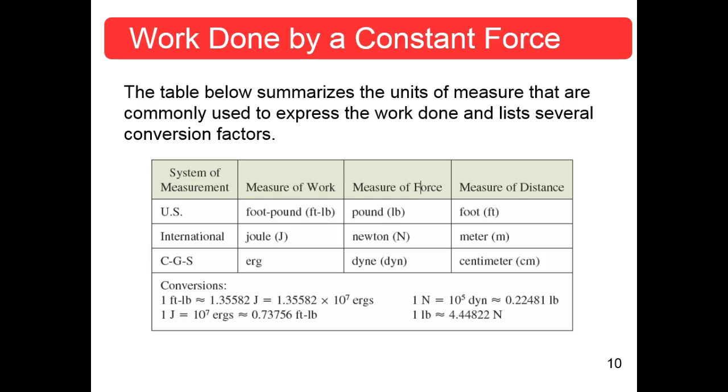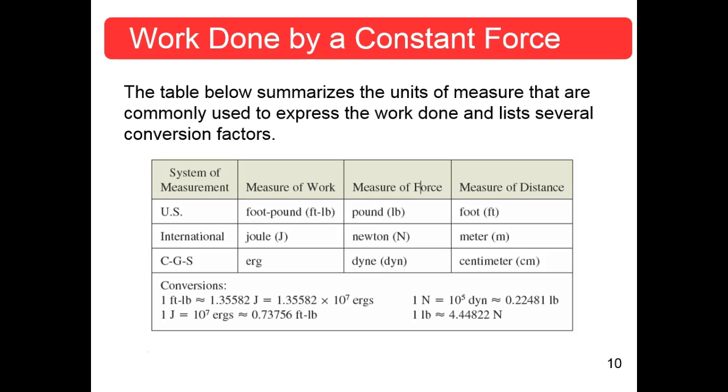The table summarizes these units of measure commonly used to express work done, with several conversion factors. U.S. customary, which we used to call the British system, but technically the British don't use it anymore. Officially they're SI, but if you go to Britain, they do things a lot in miles and everything else, just like we do.